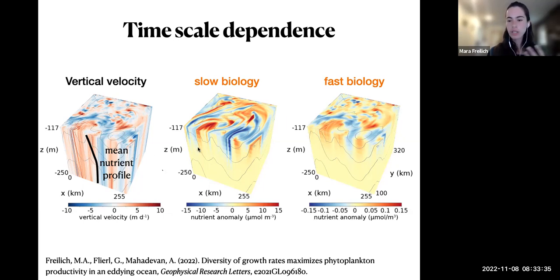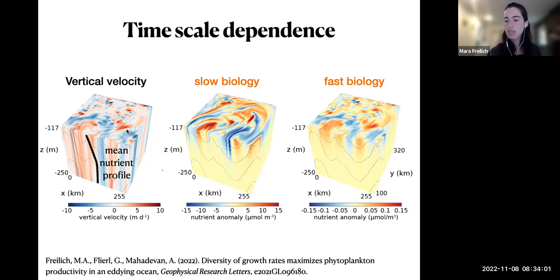And so if biology is relatively slow at taking up nutrients that are transported upwards by a vertical velocity field, then those nutrients can be stirred laterally, and we get this smooth lateral distribution. By contrast, if the biology is happening very quickly, the biological field will reflect the vertical velocity field, and vertical dynamics become much more important.